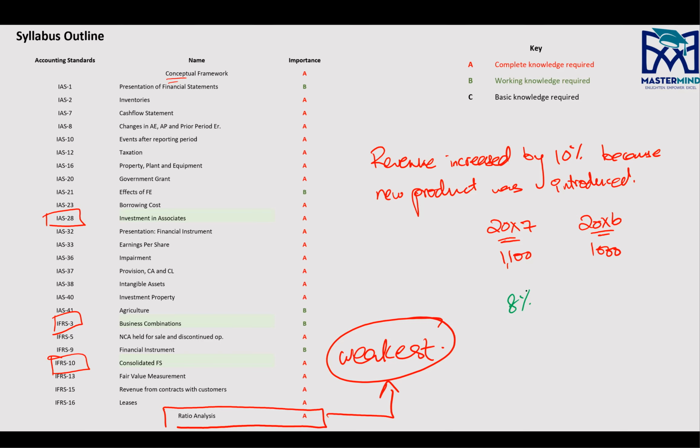Don't you think this could be an interpretation? Revenue is increasing by 10%, profitability is falling by 8%. Probably because the margins are very low, and you probably wouldn't have sold enough units to realize an increase in profitability as well.